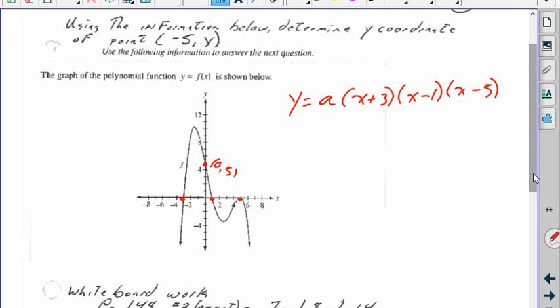The root has a multiplicity of 2, squared, because you have a point of tangency. Now, again, it could also have a multiplicity of 4, but always assume that we're going to have the lowest multiplicities. We're not going to go 5 and 10. And so there is the equation that would describe the shape of this graph.